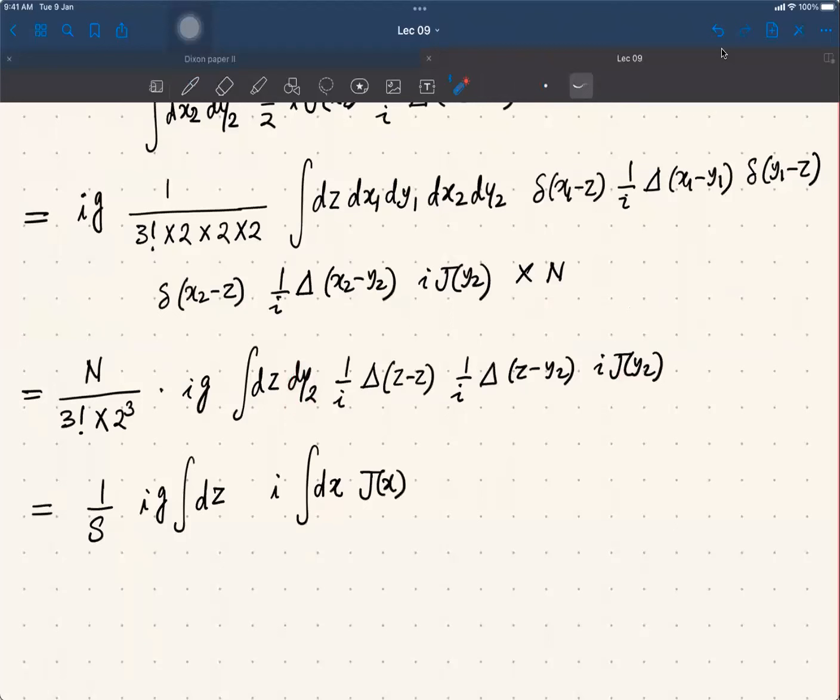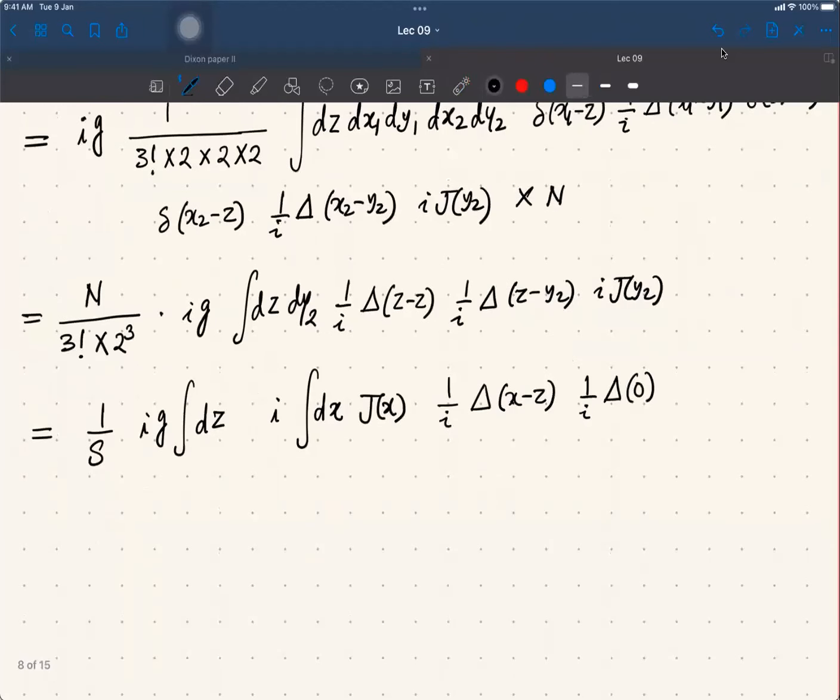Okay, and then I have a bunch of propagators, which is 1 over I delta x minus z, 1 over I delta 0, which is z minus z. This is because of the vertex.